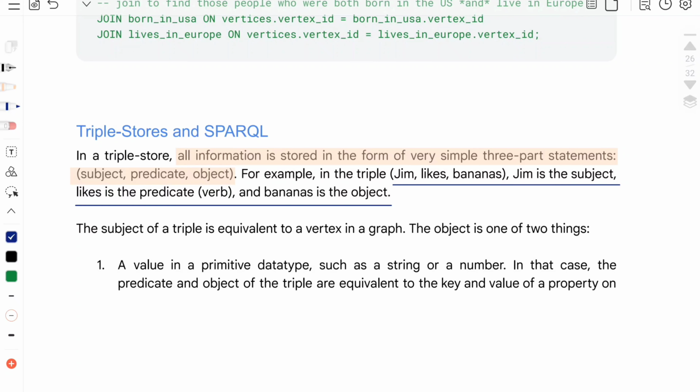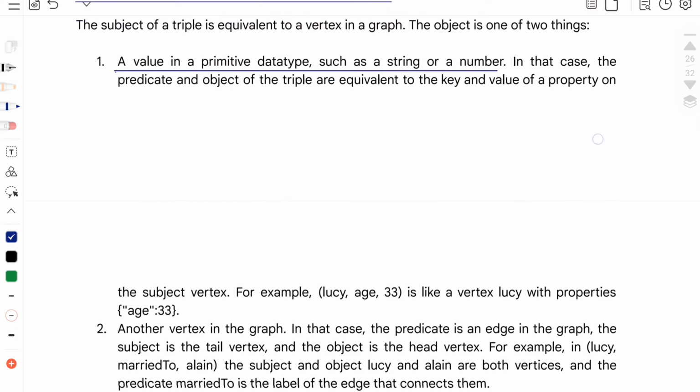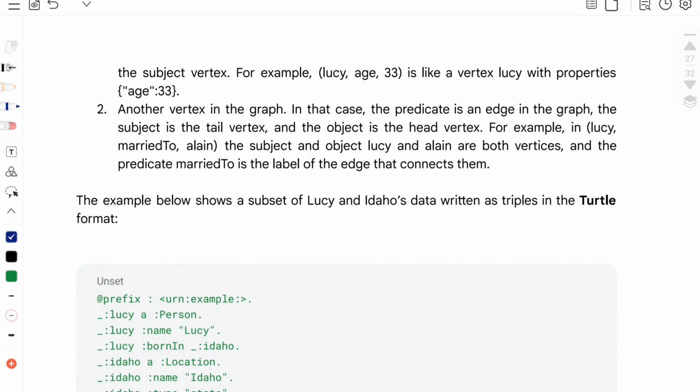The subject of a triple is equivalent to a vertex in a graph, and the object can be one of two things: a value in a primitive data type such as a string or a number. In that case, the predicate and object of the triple are equivalent to the key and value of a property on the subject vertex. For example, Lucy age 33 is like a vertex Lucy with property age 33.